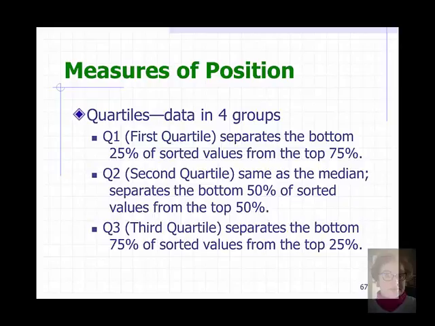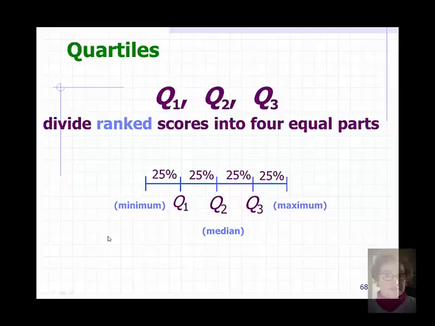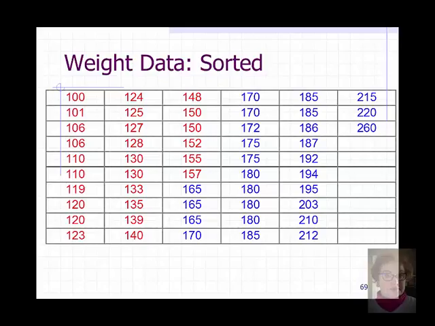And so we have the first quartile, in which 25% of the sorted values are below that. Quartile 2 is the same as the median. We already know how to find that. We did that in section 3.2. And then we have the third quartile, which in essence is the median of the top half. And here you have a graphic representation of that.